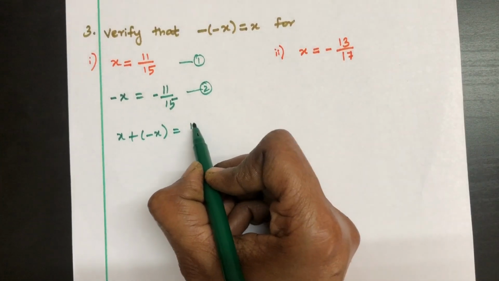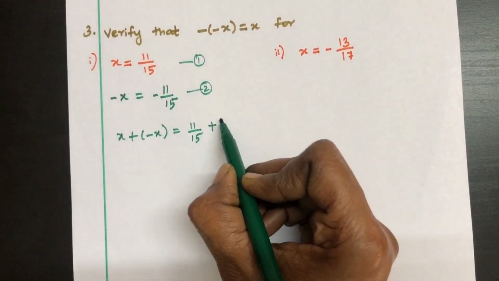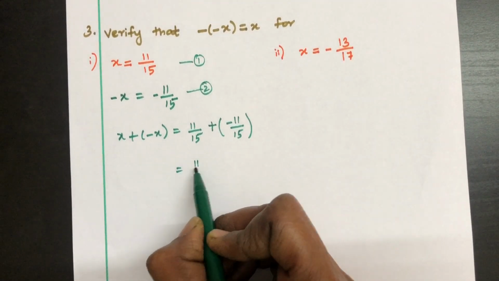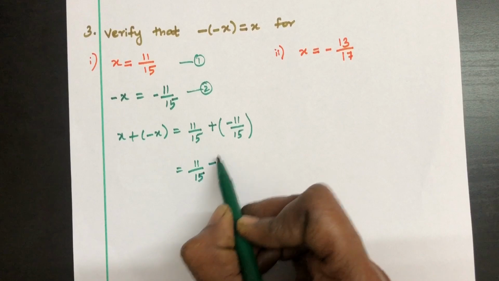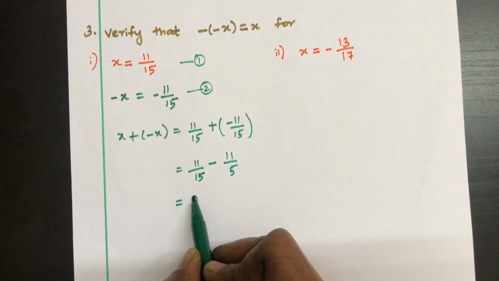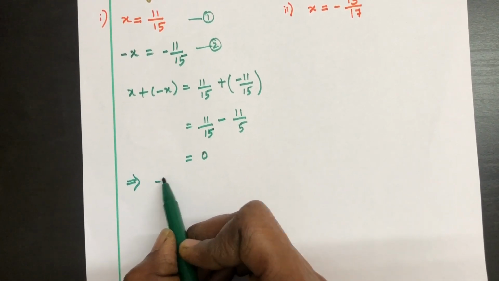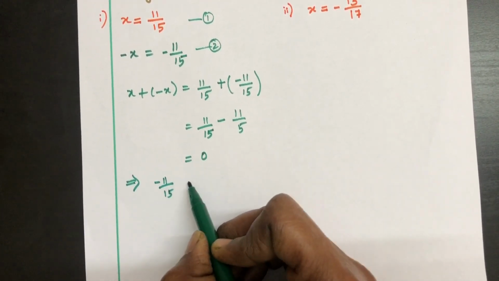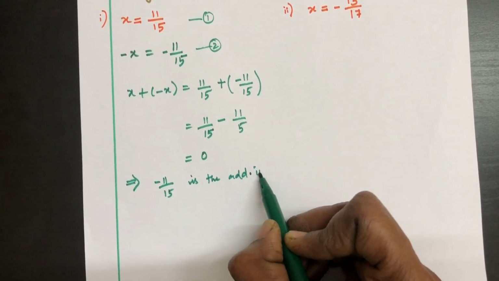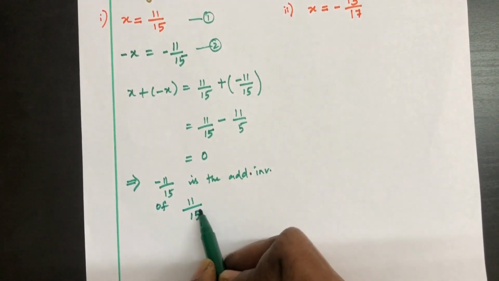This is equal to 11 by 15. See, left hand side we have added, right hand side also we have to add. Minus 11 by 15. This is 11 by 15 minus, plus into minus is minus, 11 by 15, which is equal to 0. This gives us minus 11 by 15 is the additive inverse of positive 11 by 15.